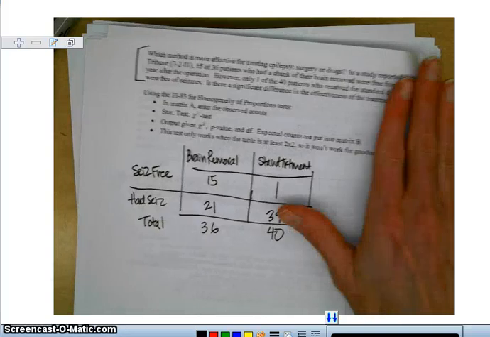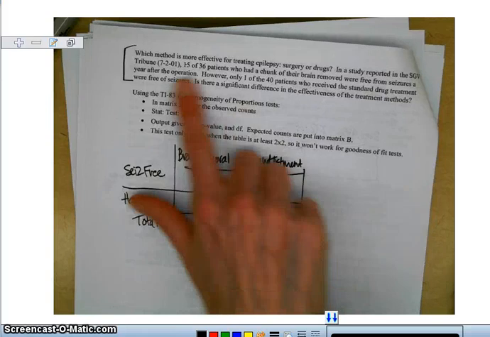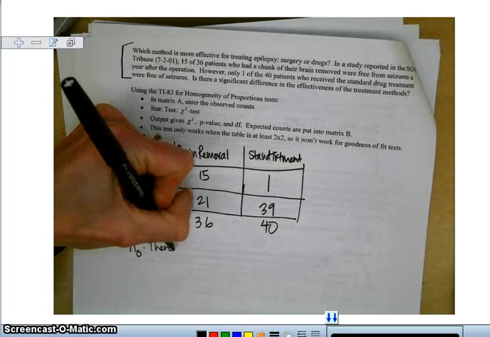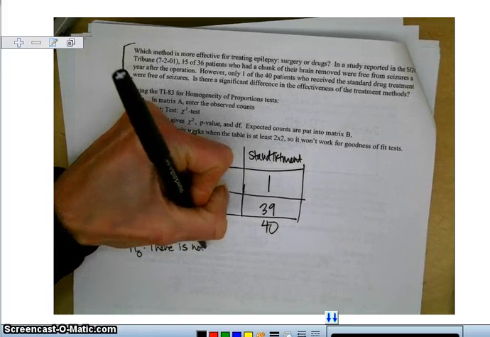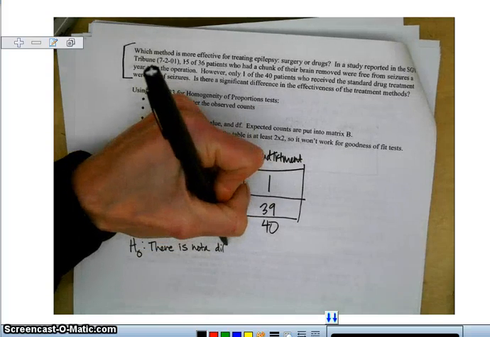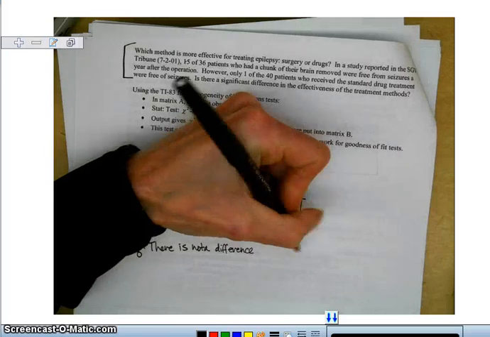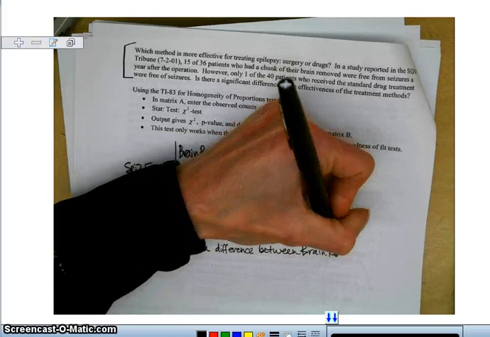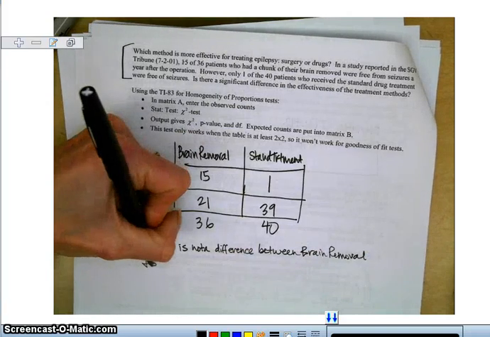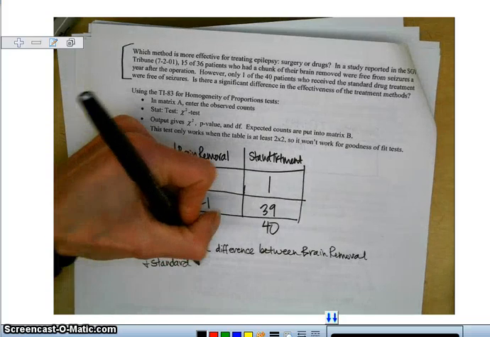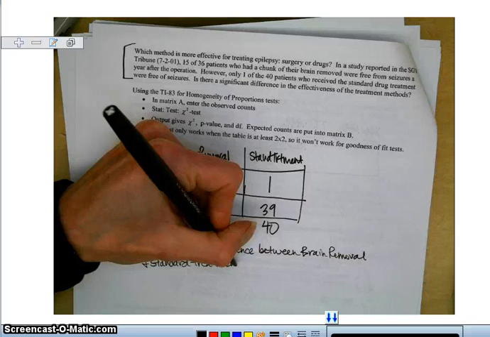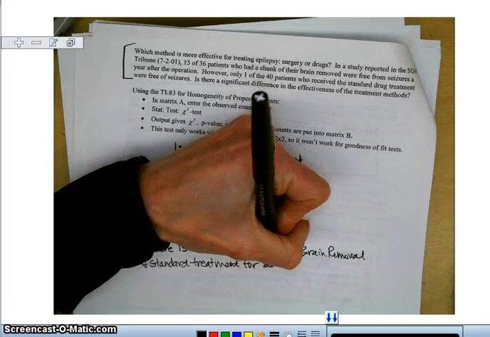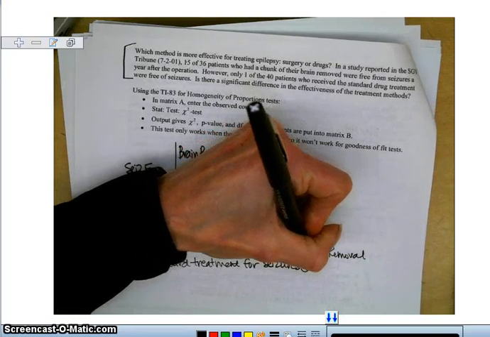All right, last video now. We've got our two-way table done based on our problem up here. Our null hypothesis is going to be that there is not a difference between brain removal and standard treatment for seizures, dealing with epilepsy.